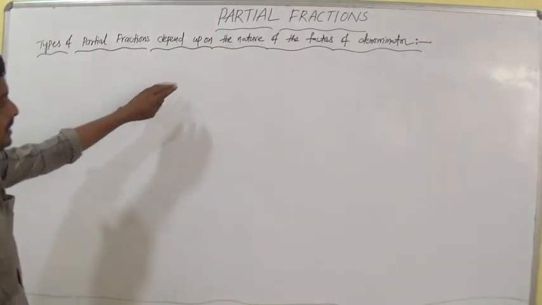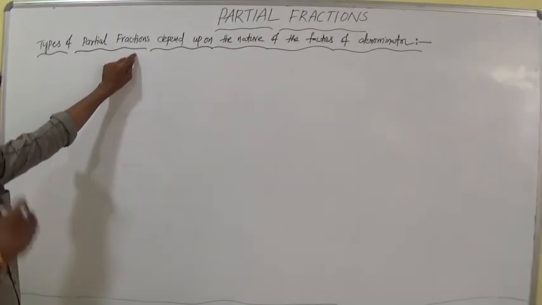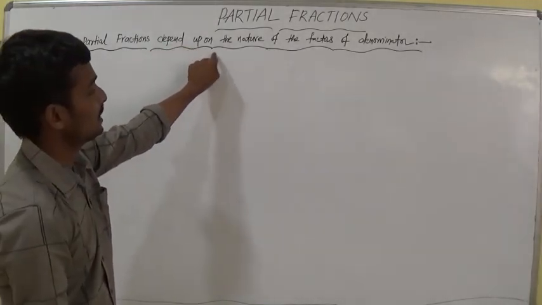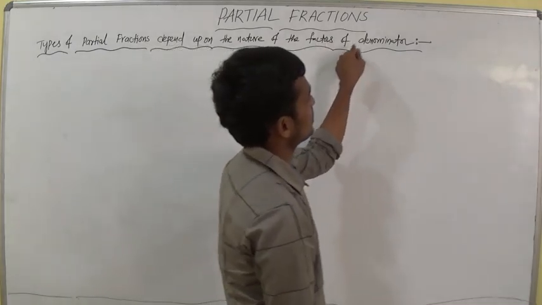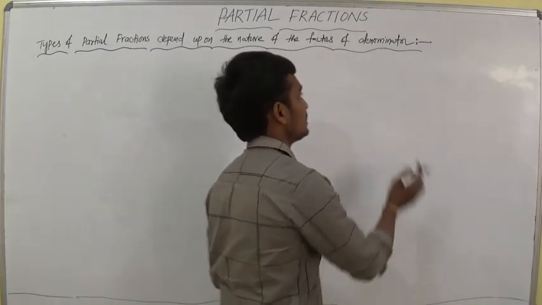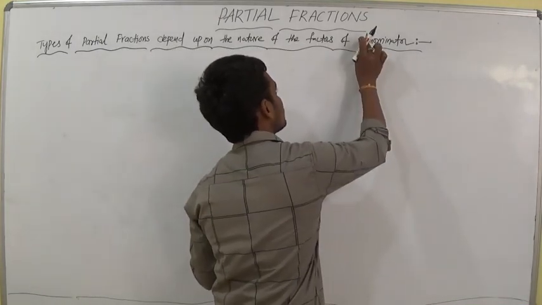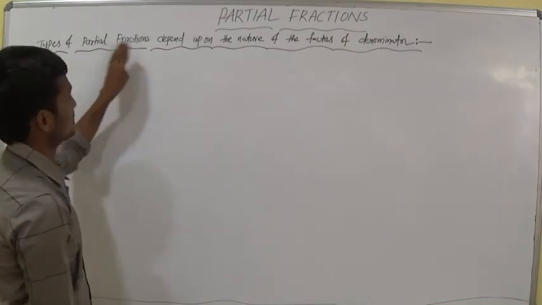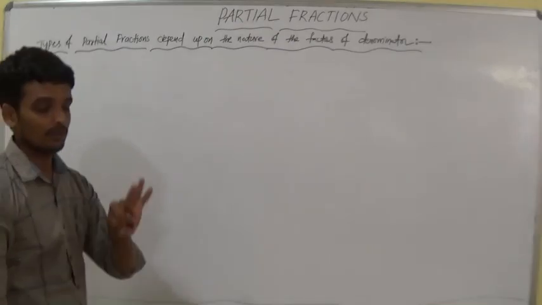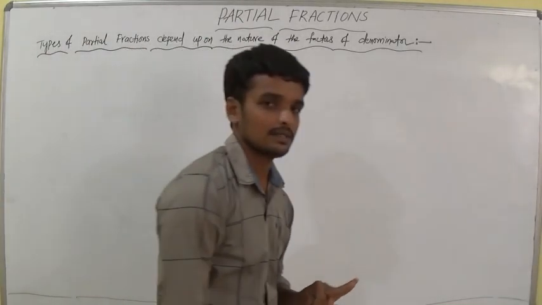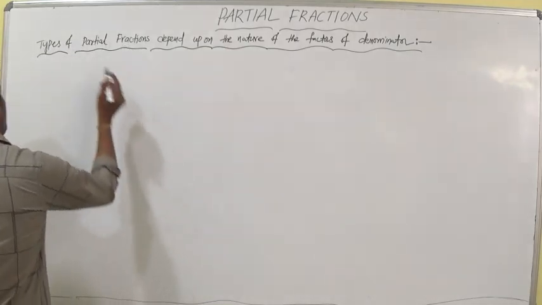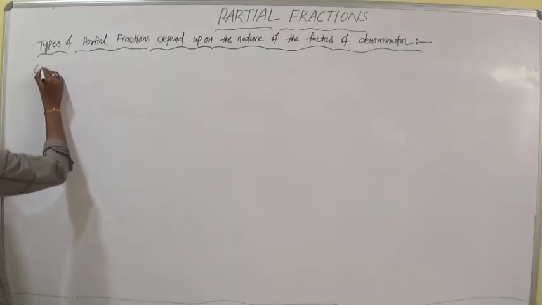So once again the heading is types of partial fractions, depending upon the nature of the factors of the denominator. Depending on the nature of the denominator's factors, there are types of partial fractions. It has 3 cases. We are discussing the first one, case 1.